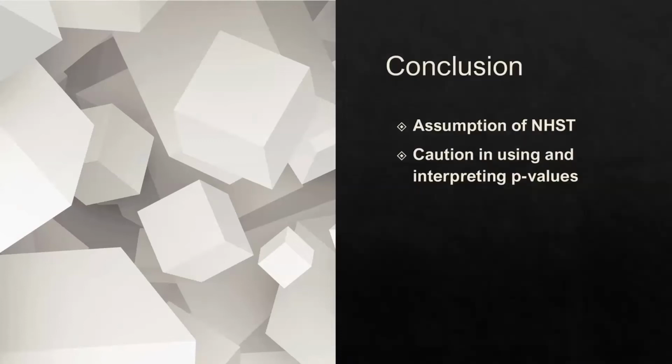So in conclusion, the assumptions of all the solutions that we presented today is that hypothesis testing and p-values are applied and interpreted as actual error rates, which in itself is an ongoing debate. So we advise that you exercise caution when using and interpreting p-values, as they don't have any value unless they're used correctly.